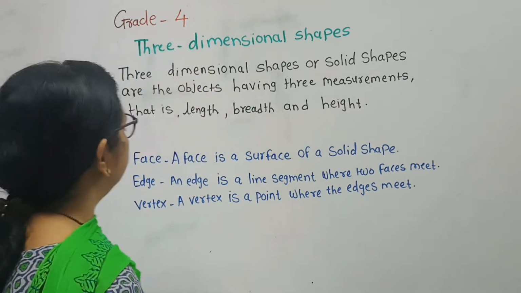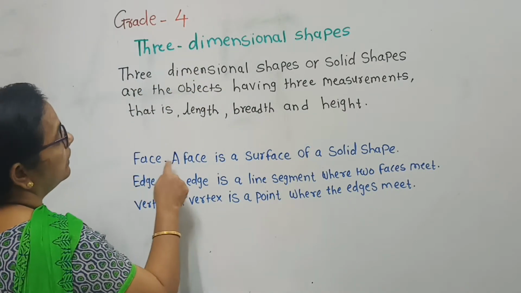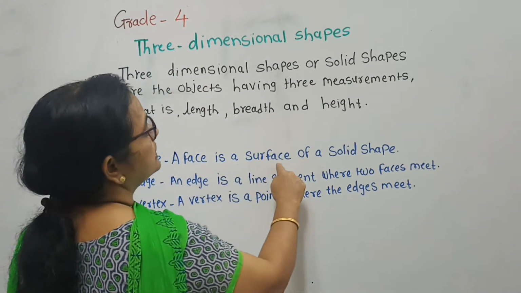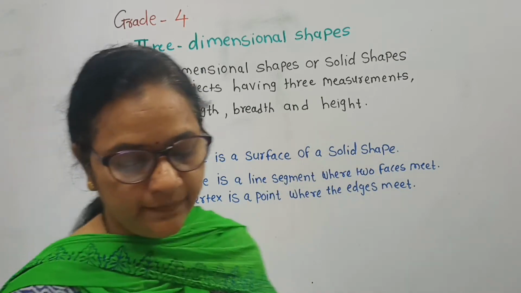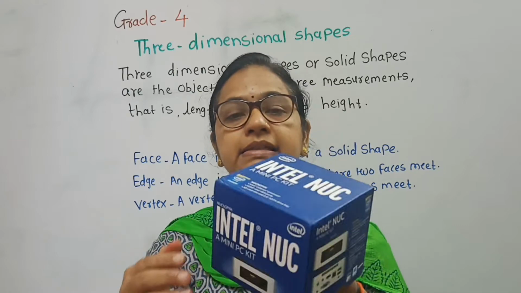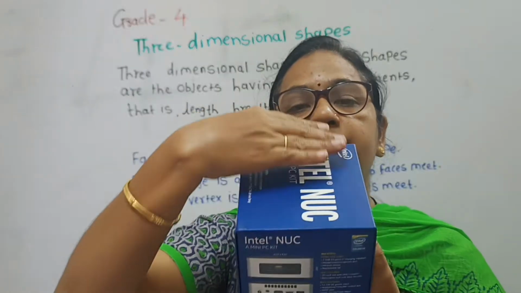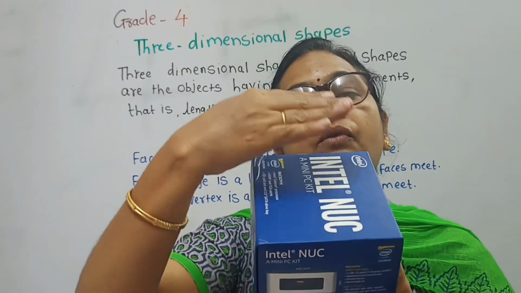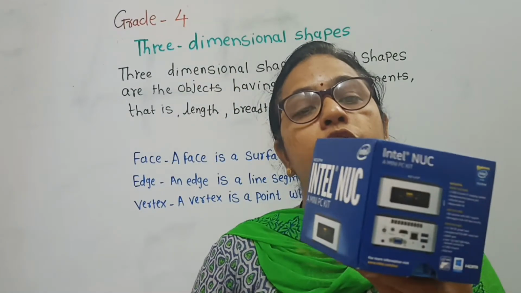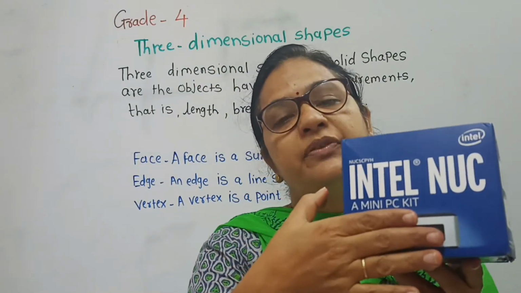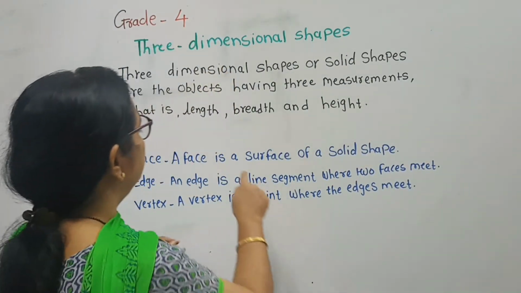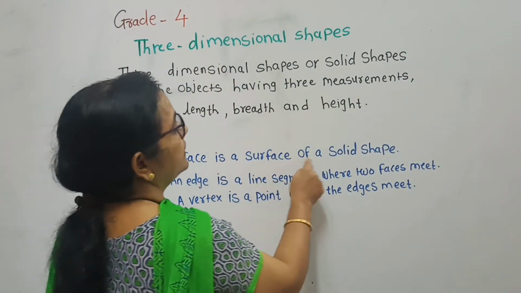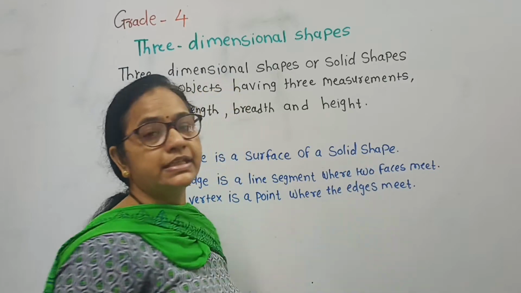Okay children, see here, face. A face is a surface of a solid shape. See here, this is a cube shape and this is a face of the cube. This is also a face of the cube. Plane surface. Yes children, a face is a surface of a solid shape.